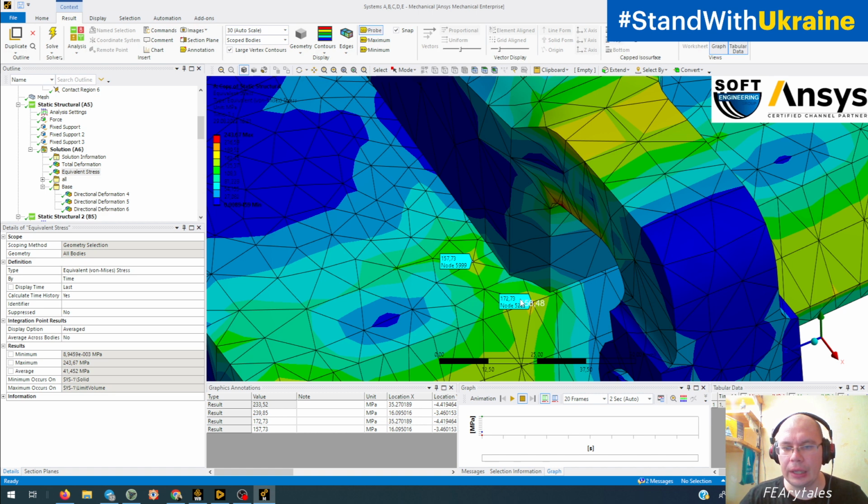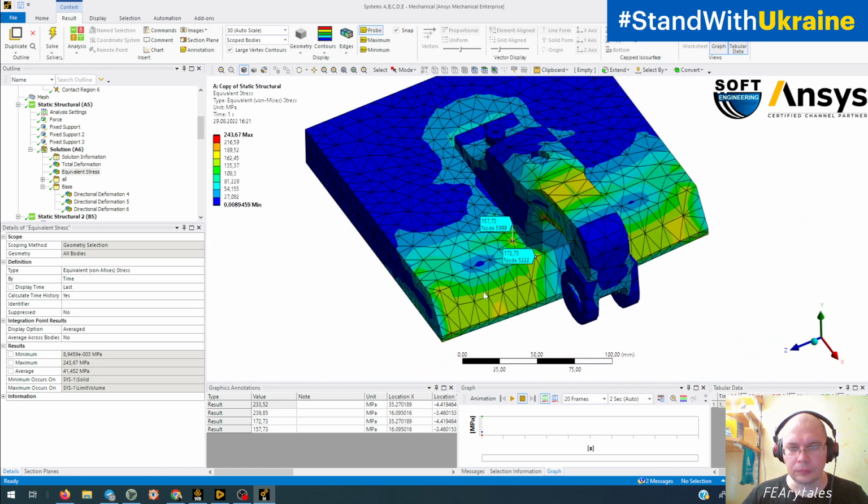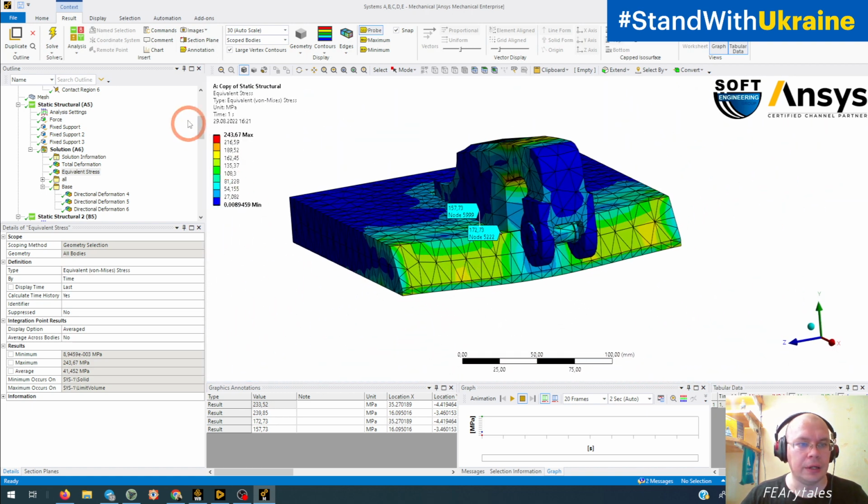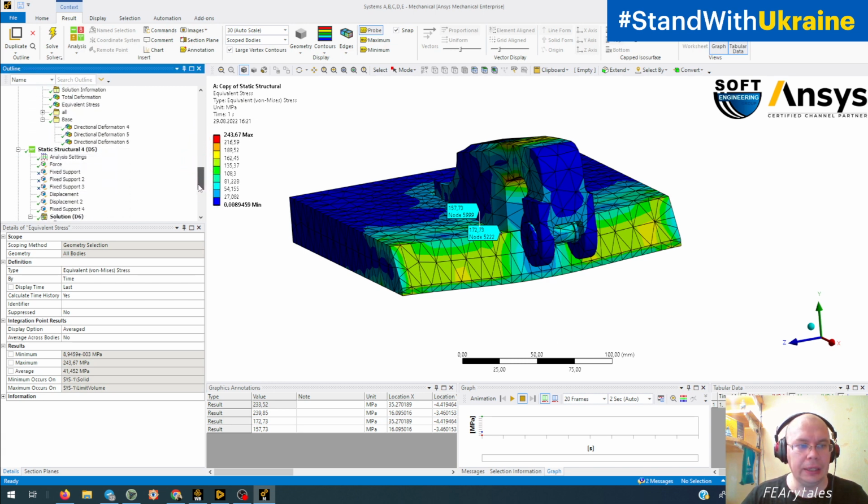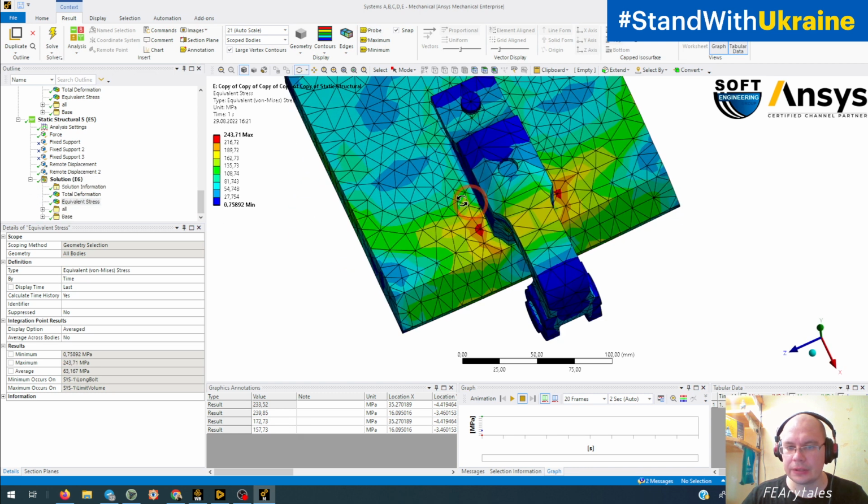So it's not twice, but it's 1.5 ratio between this stress distribution and this statement, and this stress distribution and this statement.